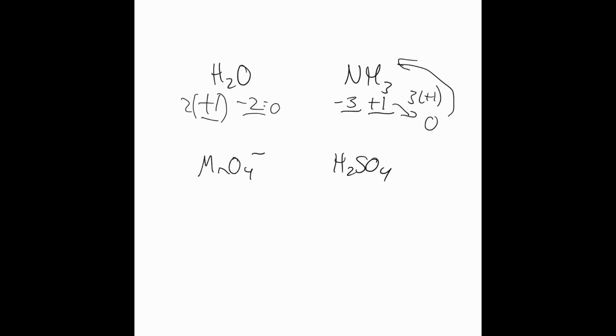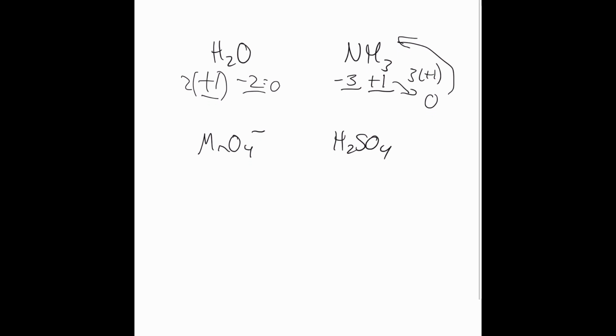Now let's look at MnO4 minus. Okay, that's squiggly minus, but that's okay. In this case, manganese, we don't know. It's not one of ours that automatically has an oxidation number, and actually it's a transition metal, so it can often have lots of different oxidation numbers. So let's do -2 for our oxygen.